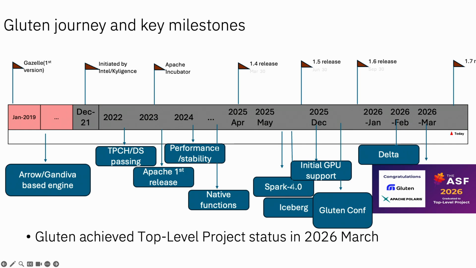Since then, we started to implement the necessary functions and fill the gaps with the Velox backend. We introduced many functions, many operators, and gradually we came to this point. And in March 2026, Gluten finally graduated from the Apache incubation project. So it's a top level project right now.